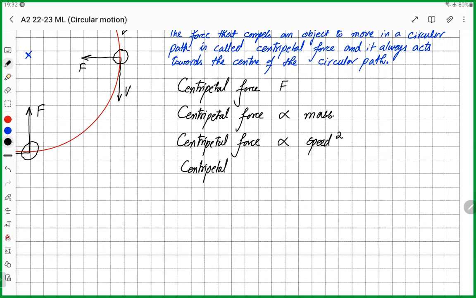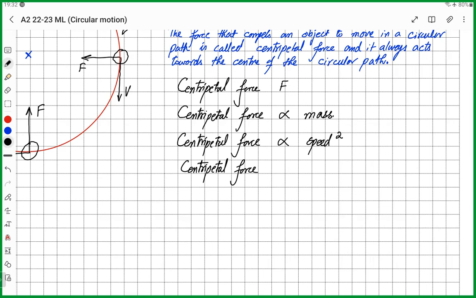Now, centripetal force, and is it easy to make something move in a bigger circle, or is it easy to make something move in a smaller circle? Before you answer the question, let's think. If you are making a car move at say 100 km per hour, is it easy to turn the car in a smaller curve, or is it easy to move the car in a bigger circle, bigger curve?